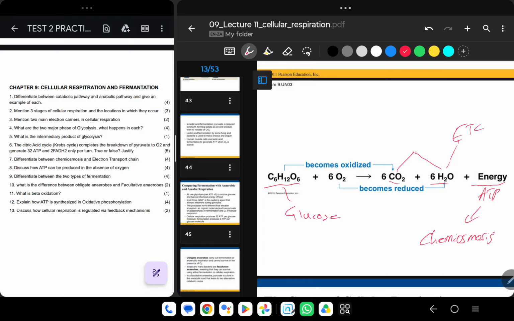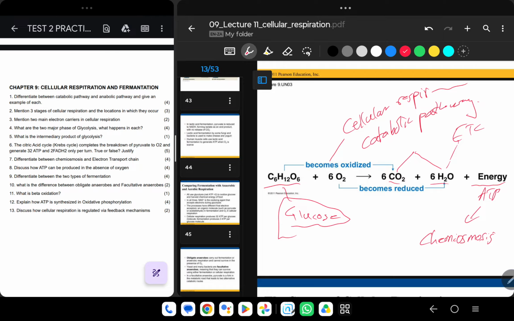Basically, you can see that glucose gets broken down into what? Into carbon dioxide. So glucose is a large molecule. Since it becomes oxidized into carbon dioxide, we can say that cellular respiration is an example of a catabolic pathway.